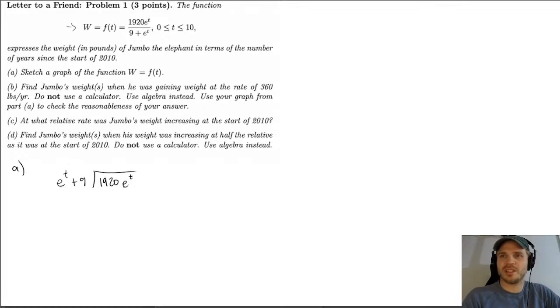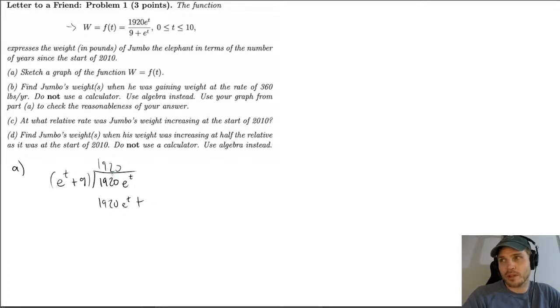So e to the t times 1920 equals 1920 e to the t. So then you multiply this back times the binomial there. And we get 1920 e to the t. And this is what? 9,000 plus 8,100 plus 180.